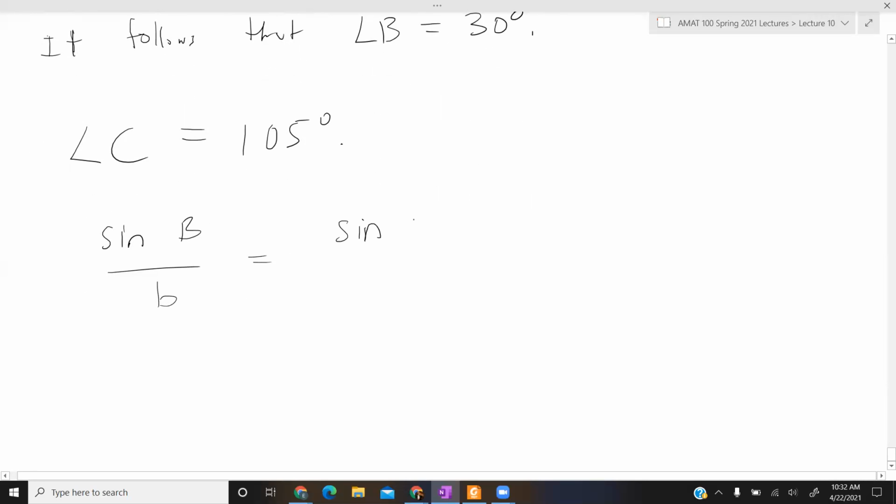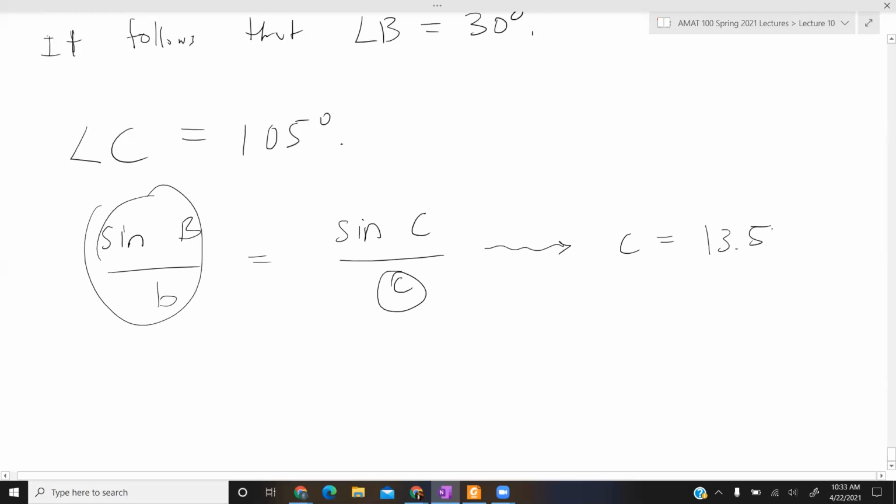For example, we want to solve for C, and you could use this ratio, or you could use sine A over A. Either one is fine. You can solve for C, and you get that C is 13.5. But you should definitely go through the algebra and arithmetic to figure out why that's the case.